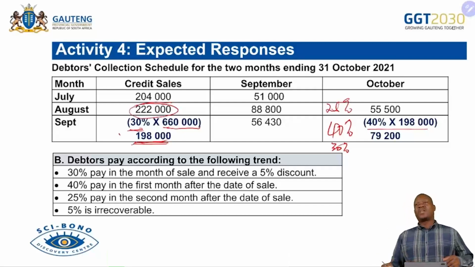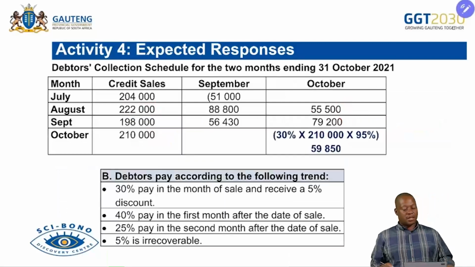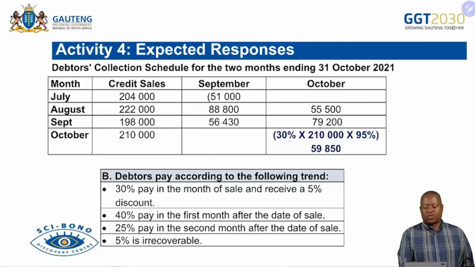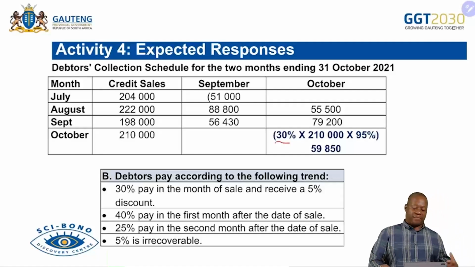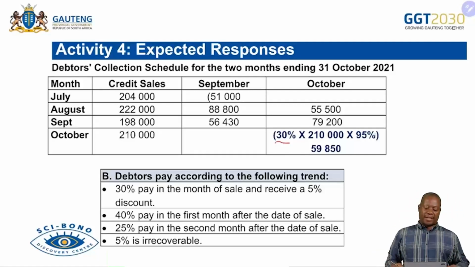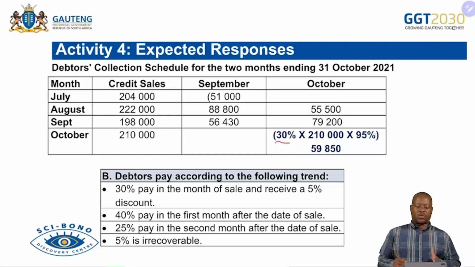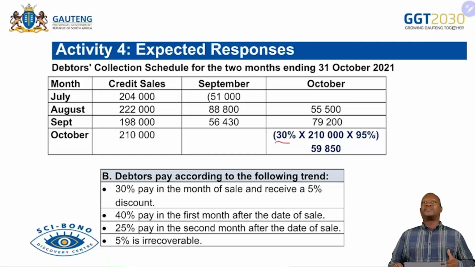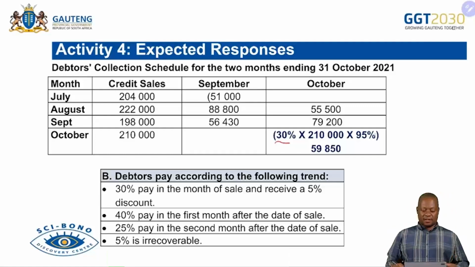We got 79,200. When it comes to October, remember that's the last one. 30% of 210 times 95 over 100 to get 59,850. This is according to the schedule that we are given. Debtors pay according to this format.